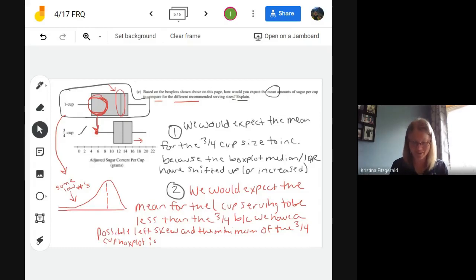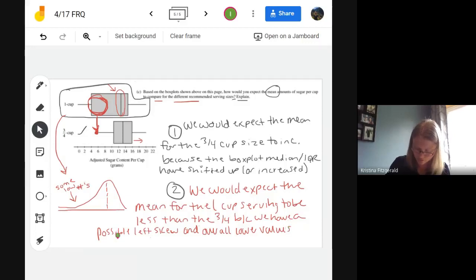Basically, there's a lot of low numbers in the 1 cup, is what we could say. Let me clean this up a little bit. There's possible left skew, and overall lower values than the 3/4 cup.